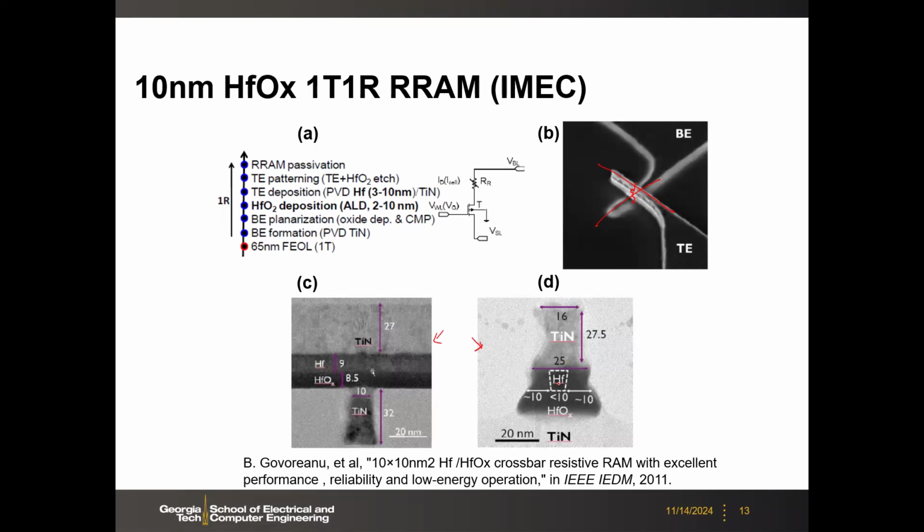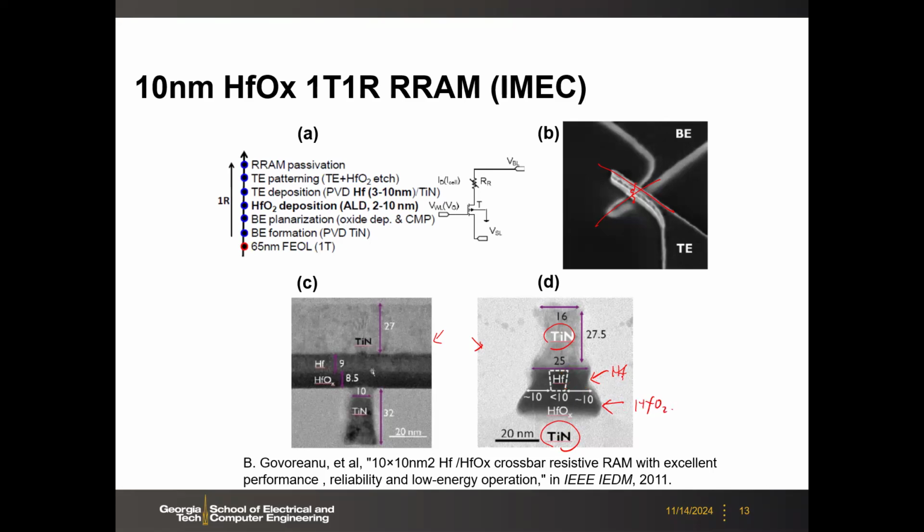So here, the device has a similar structure: titanium nitride top electrode, titanium nitride bottom electrode, and then we have this hafnium oxide. And then here the capping layer is different. That's the only difference. So here the capping layer changed from titanium to hafnium, just hafnium metal, and then hafnium oxide.